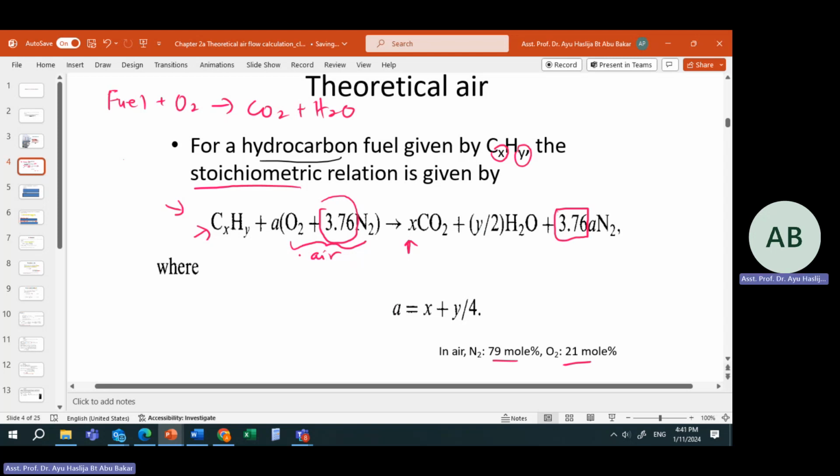Where A over here is X plus Y over 4. A kat sini. This equation is valid if the fuel is CxHy only. Kalau ada O, then different formula. Kalau ada N, different formula.